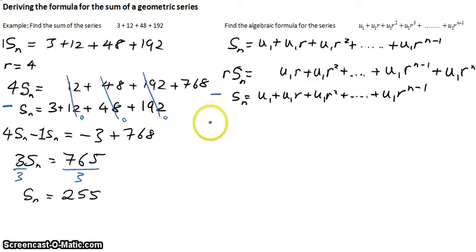Well, that would be r minus 1 lots of Sn, our total. So if I did 10 Sn's take away 1 Sn, I get 10 take away 1 is 9. If I do 5 Sn's take away 1 Sn, I get 5 take away 1 is 4. Here I've got r of them, take away 1 of them. So I've got r take away 1, lots of my total.